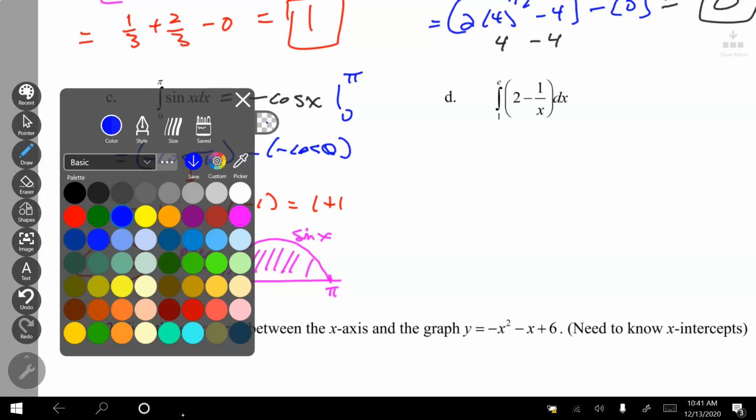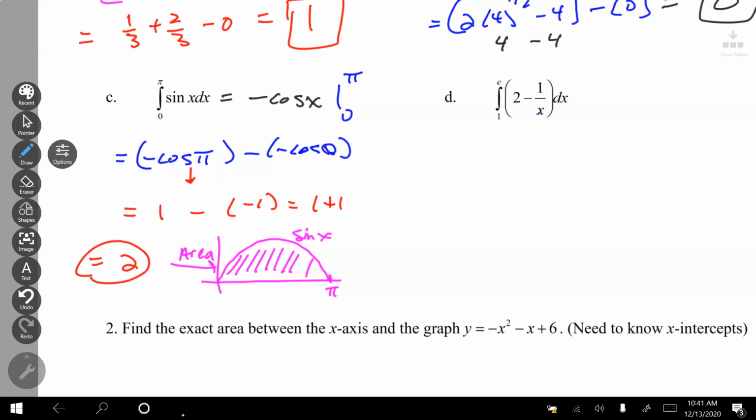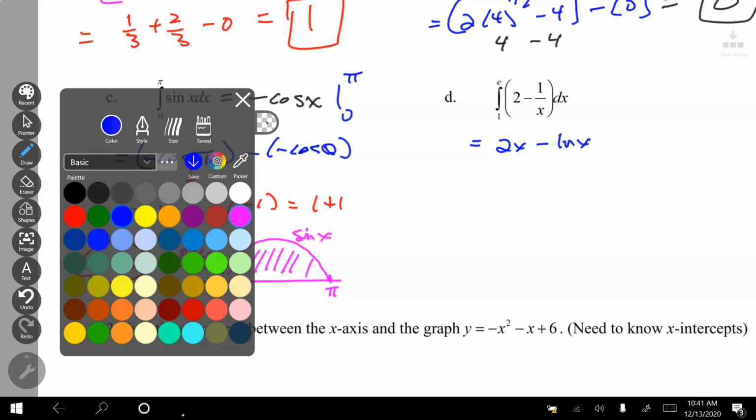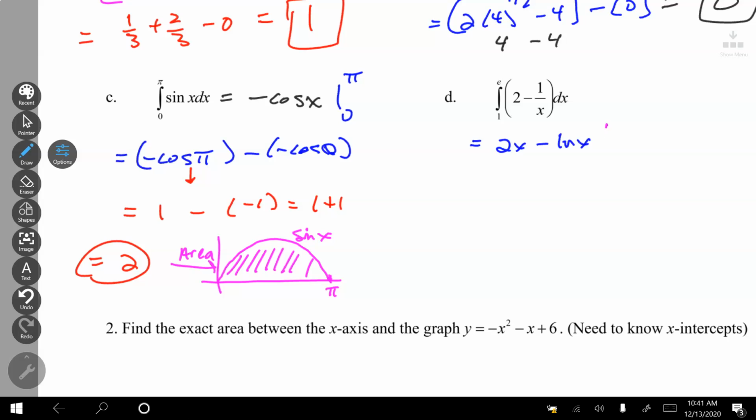In my last example, I get 2x minus ln of x evaluated from 1 to e, and I plug in e, I get 2e minus ln of e. That's my upper, minus my lower, which is 2 times 1 minus ln of 1.